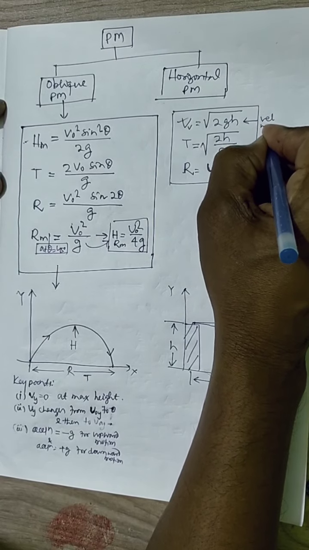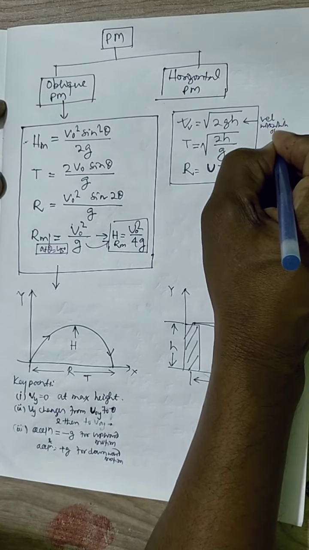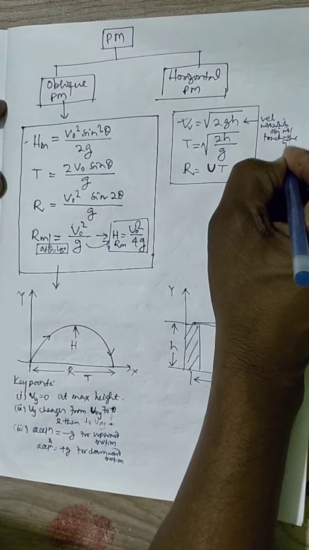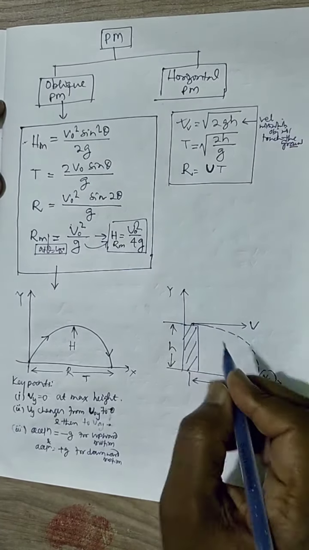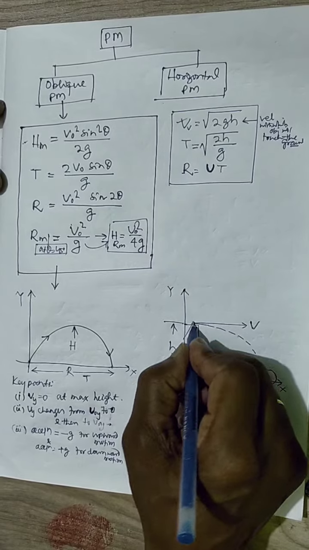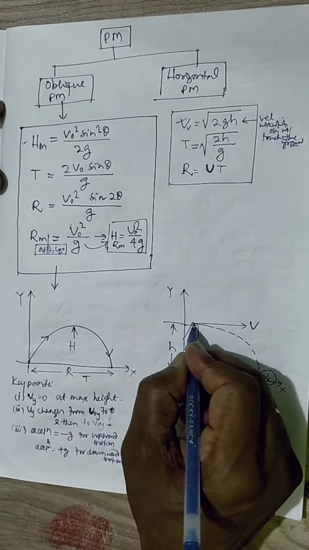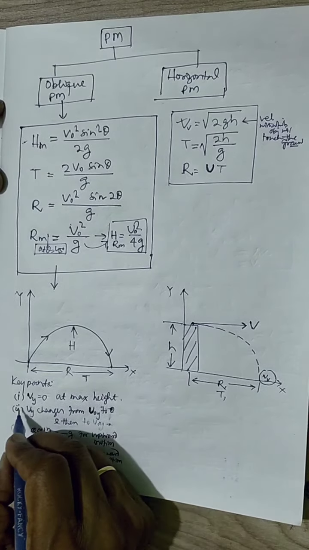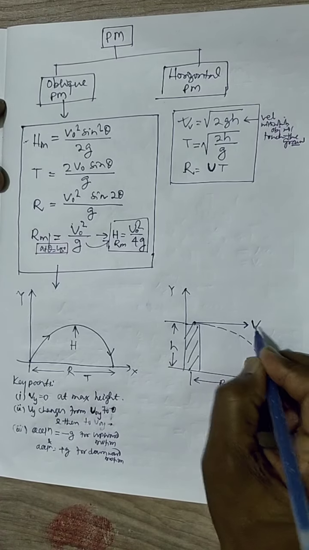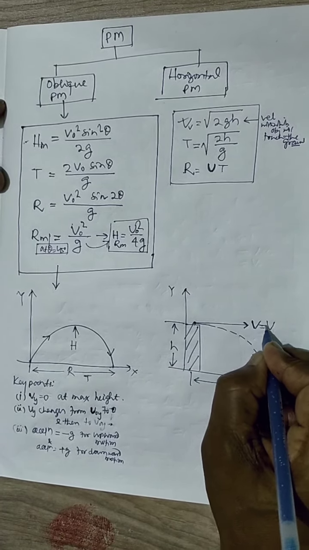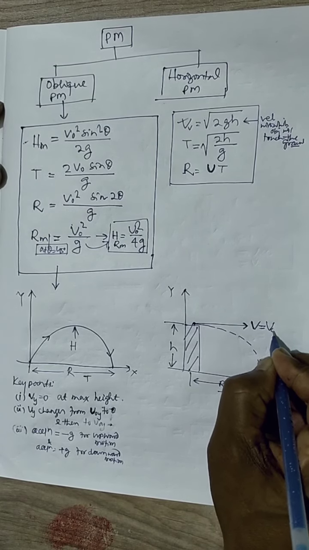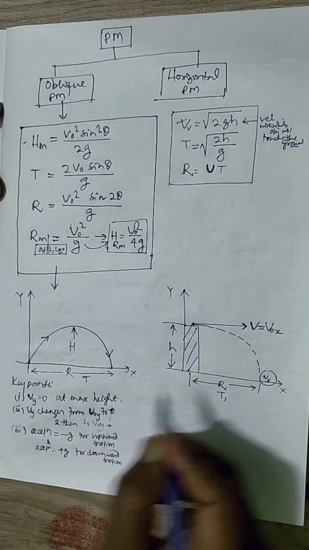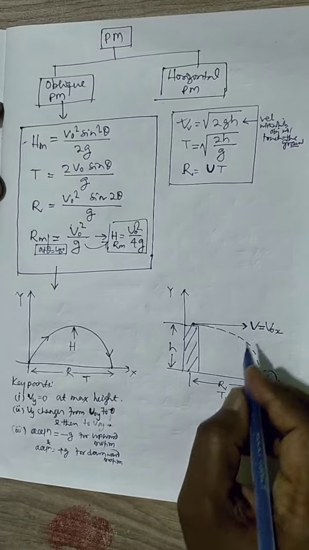At the start of the motion, the vertical component of the velocity is 0. Hence, the velocity at which it is thrown is the complete horizontal velocity.